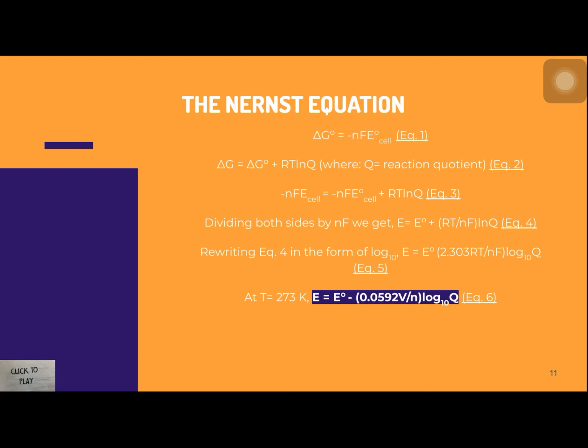Substituting equation 1 into 2, we get equation 3. Dividing both sides of the equation by nF, we get equation 4. The last equation signifies that the electric potential of a cell depends upon the reaction quotient Q of the reaction.